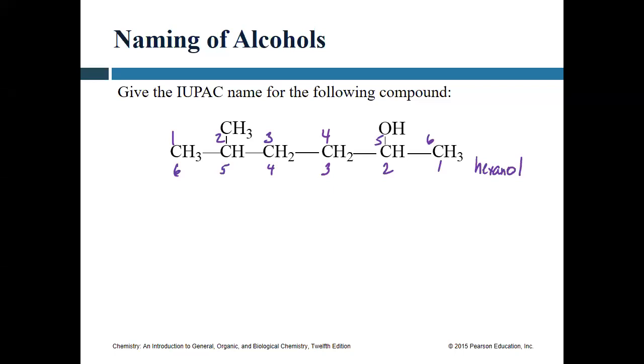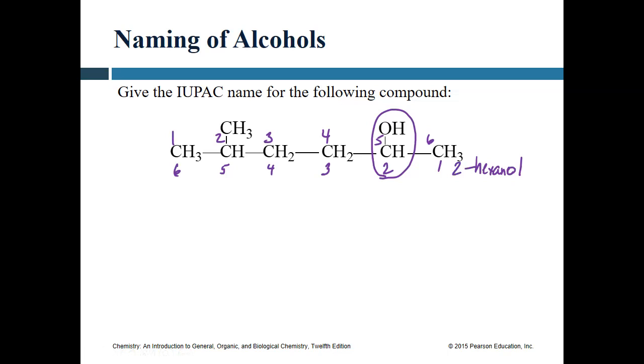And the thing that we have to remember is that this group is going to be the higher priority group, so it's got to get the lower number. So in either case, it was going to be 2,5, because it doesn't matter what number line I look at, the substituents were at 2 and at 5. But for hexanol, the OH group needs the lower number. So I'm dealing with 2-hexanol here.